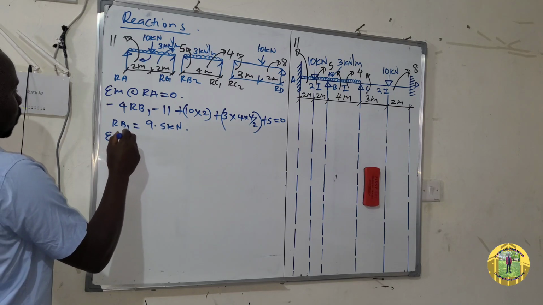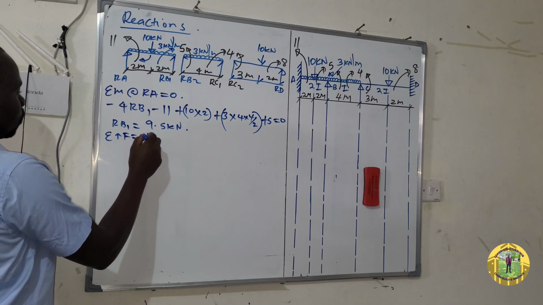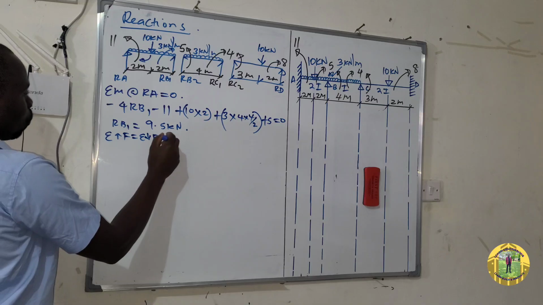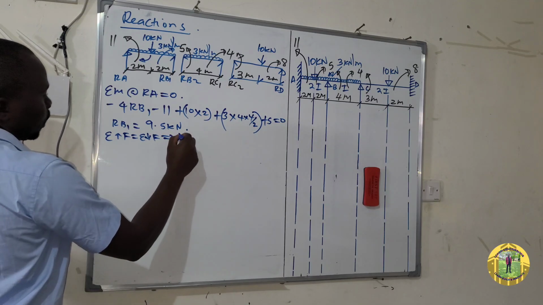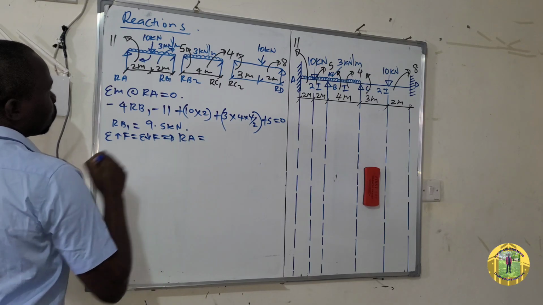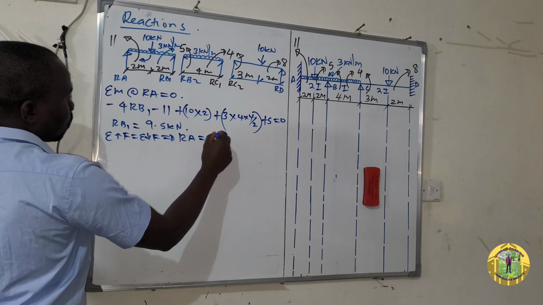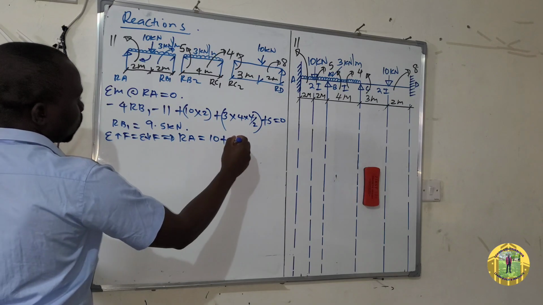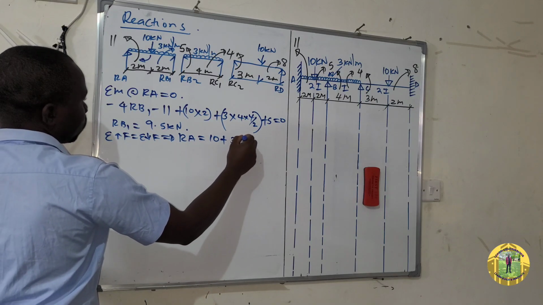summation of upward forces is equal to summation of downward forces, which implies RA is equal to 10 plus 3 times 4.